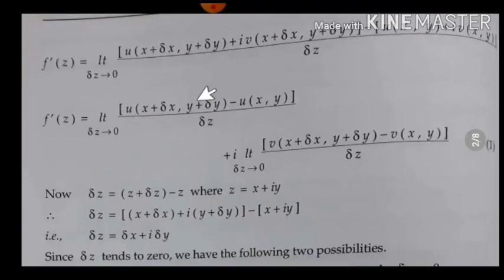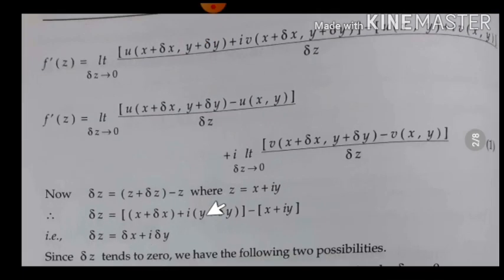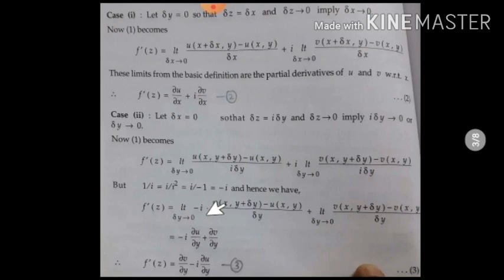Derivative of a function for one independent variable is written in this way: the function with a small increment minus the function itself, divided by the small increment. So here also it happened like that.